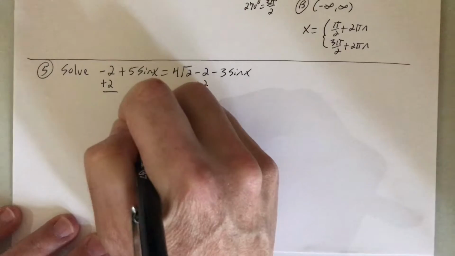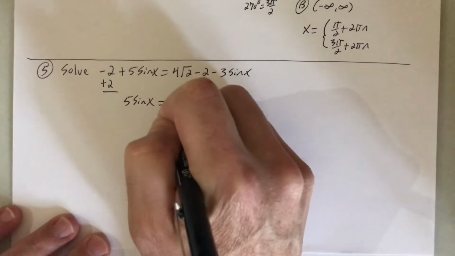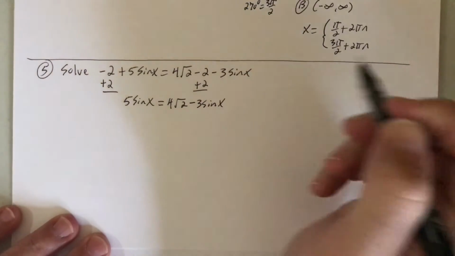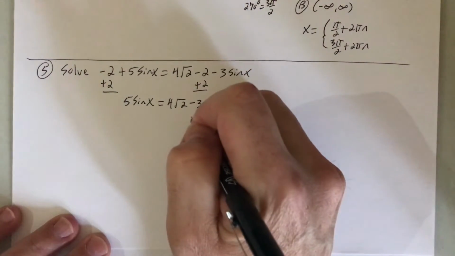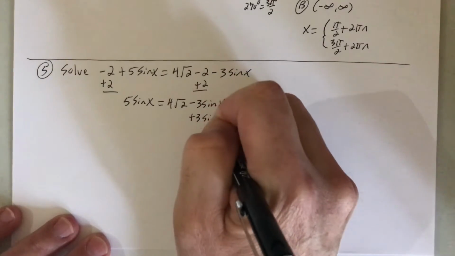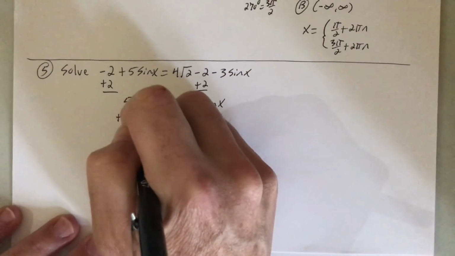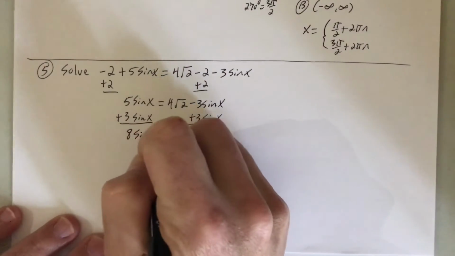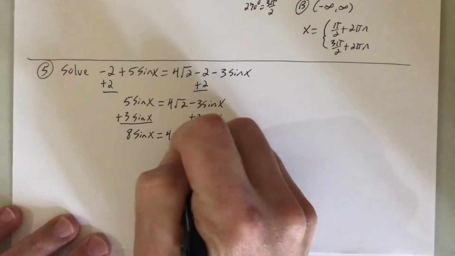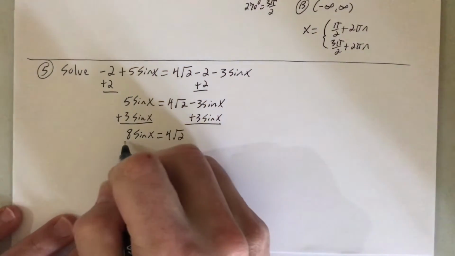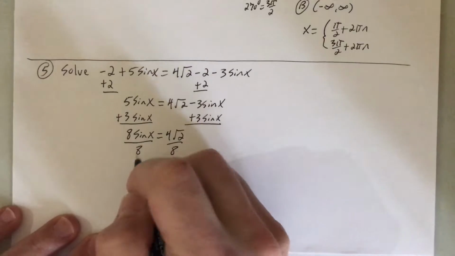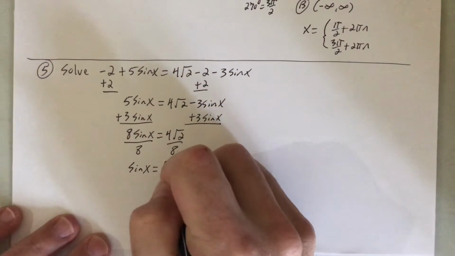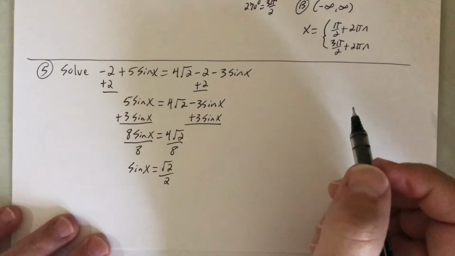That gives me 5 sine x is equal to 4 square roots of 2 minus 3 sine of x. Then I'll add 3 sine x to both sides, so I get 8 sine of x is equal to 4 square roots of 2. Then I'm going to divide by 8, so I get sine x is equal to the square root of 2 over 2.